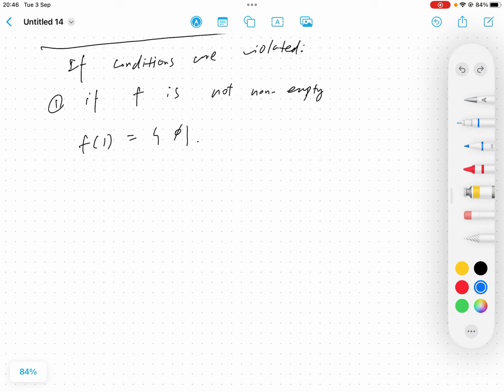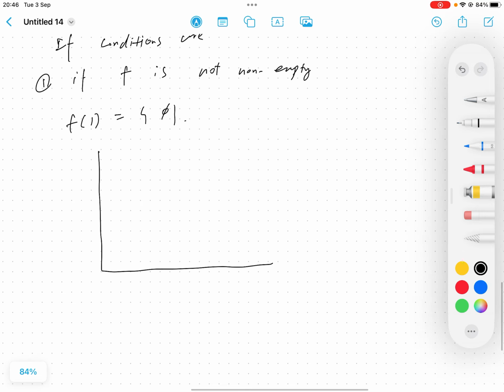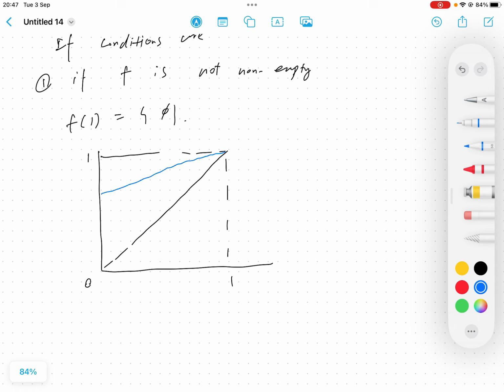To show the intuition, we can draw another picture. Let's say this is from 0 to 1. Again, the same example, and this is the 45-degree line. To have a counterexample, we need that correspondence to be pretty special, such that it goes to this corner, and the lower bound goes here.